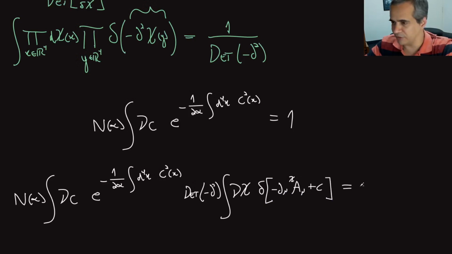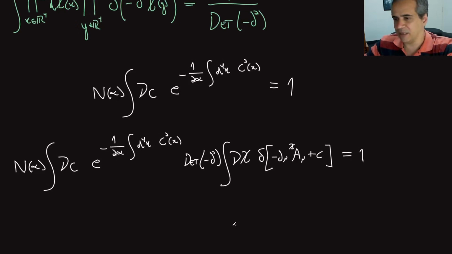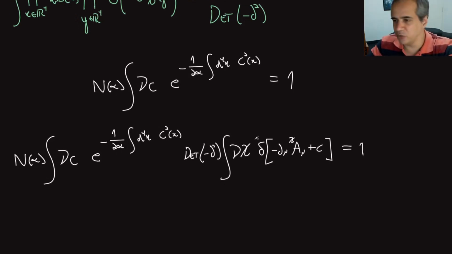And all of this is equal to 1 because I'm just multiplying the two identities. Now I can flip things a little bit here and actually use this Dirac delta to do the path integral in C. That's the whole trick. I want to get rid of this delta and get it up here where the action is. This is where I have my actions for the path integrals.